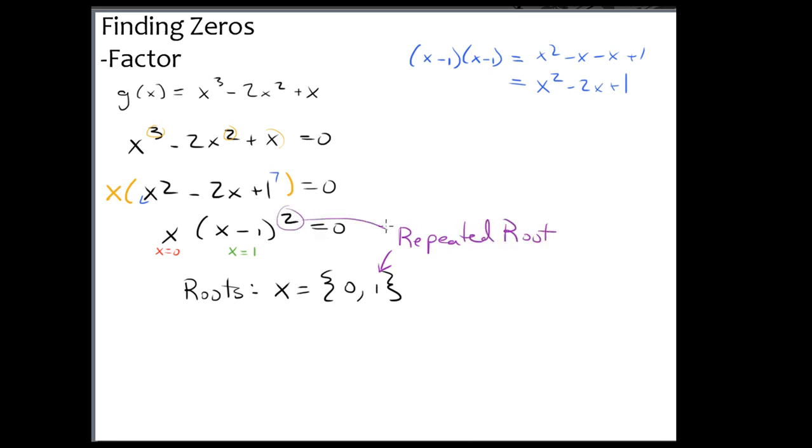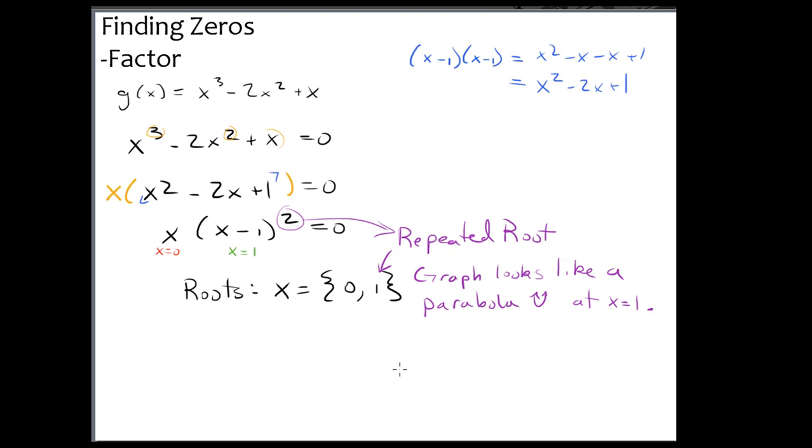Because this is squared, it effectively has two roots at 1. And if you're going to be graphing these functions, that's important to know, because it means this graph looks like a parabola at x equals 1.